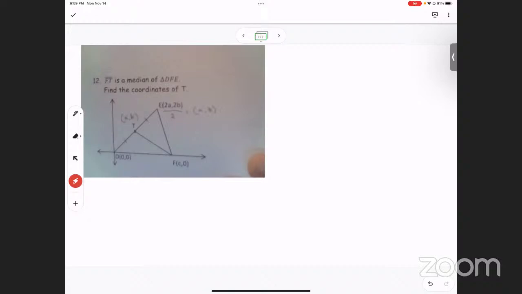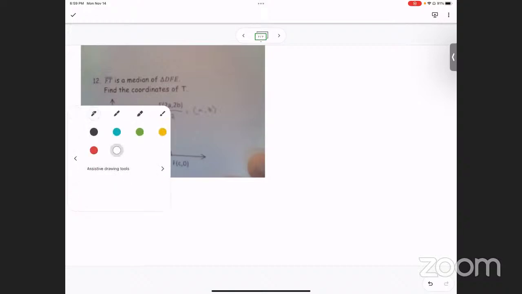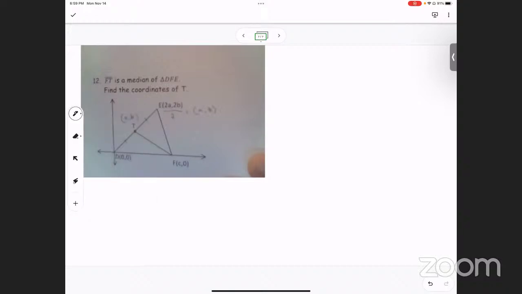So you know that this being a median means that if I were to draw a line here, that point right there is 2B.